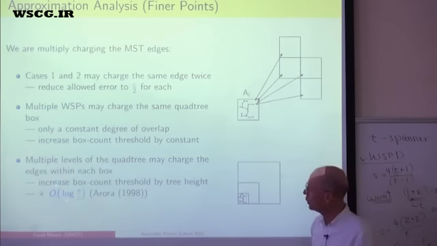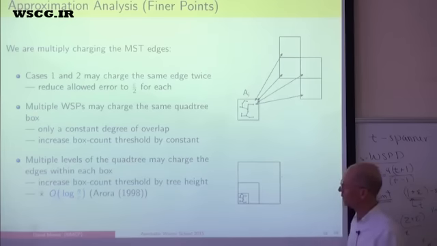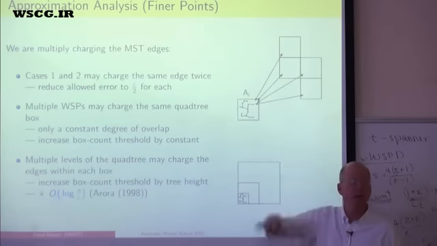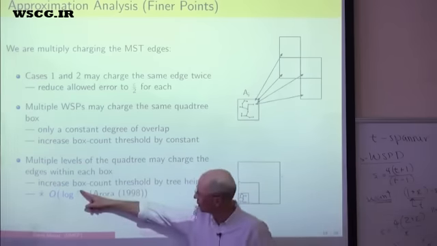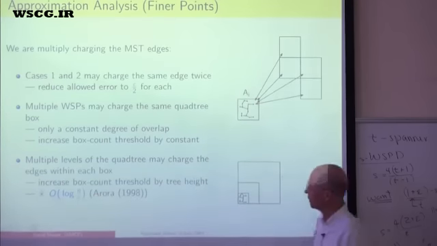Although, to be honest with you, the 15 pages that we dealt with here worked very hard at getting rid of the n. So at the end of the day, we have a term that depends on just log 1 over epsilon, with no influence from n. But in general, you have to consider how many levels there might be within the tree. With a little bit of cleverness, you can get rid of the n term, and it turns out to be just log 1 over epsilon.